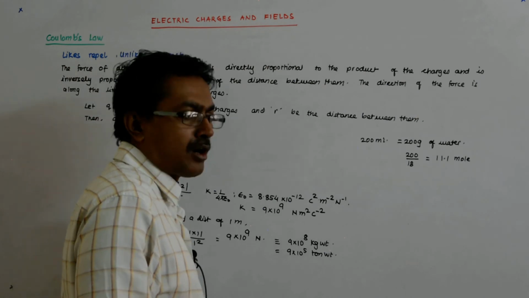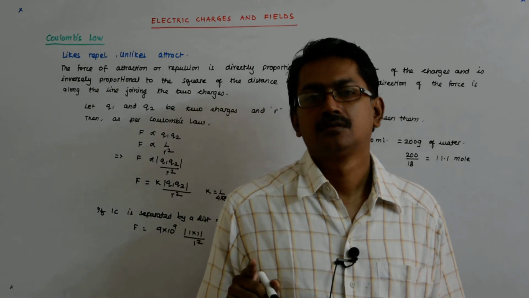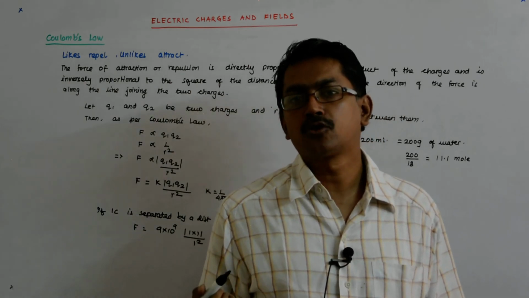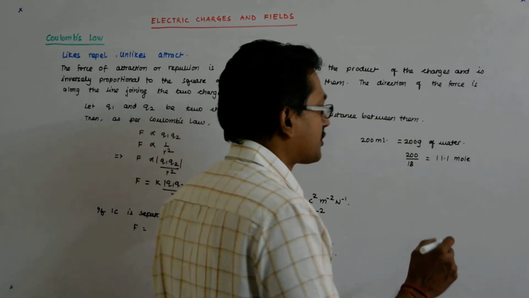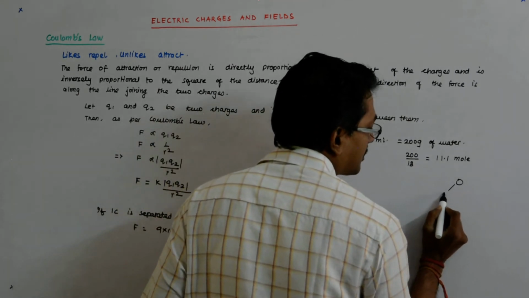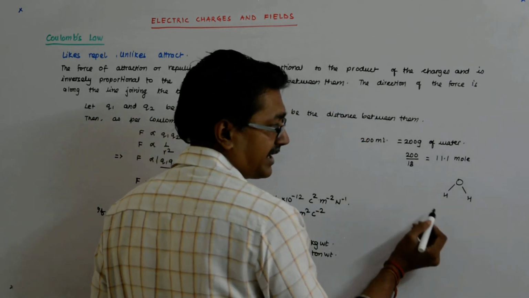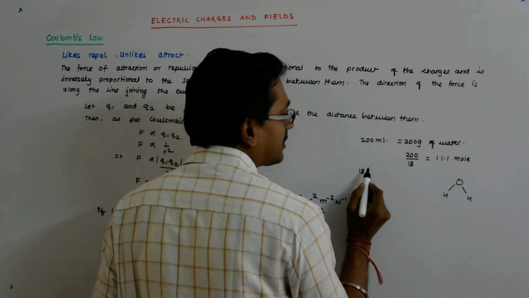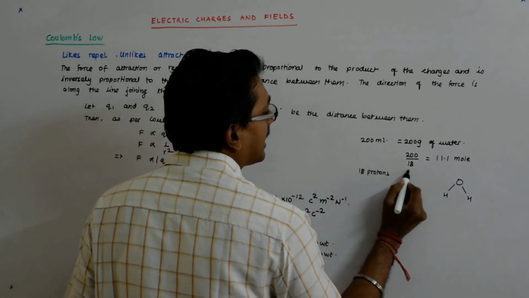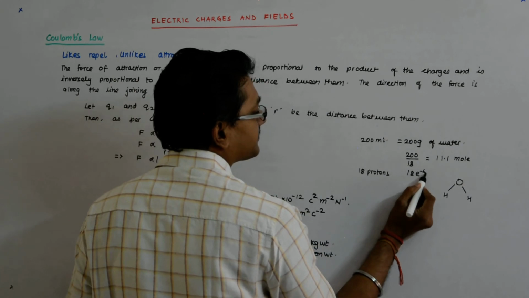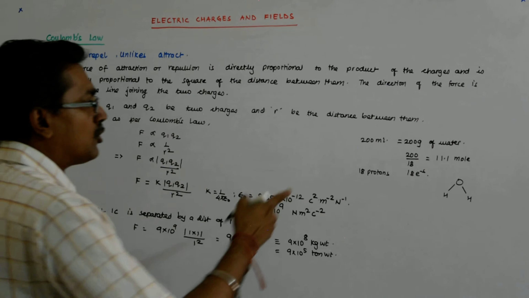Now that means what? It has 16 protons in an oxygen, 1 proton here and 1 proton there. So 18 protons in one molecule, 18 protons and 18 electrons. Right? And so many moles.